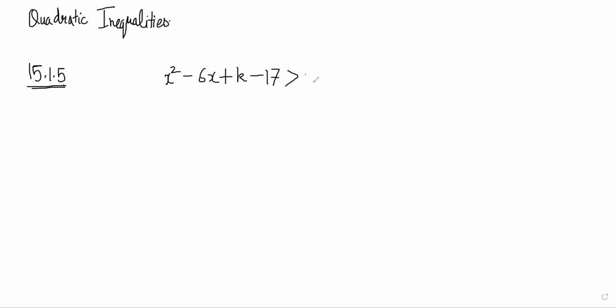Then I made it into a quadratic, to see the discriminant. So you get 36 minus 4 times k minus 17. So then the discriminant is 104 minus 4k.